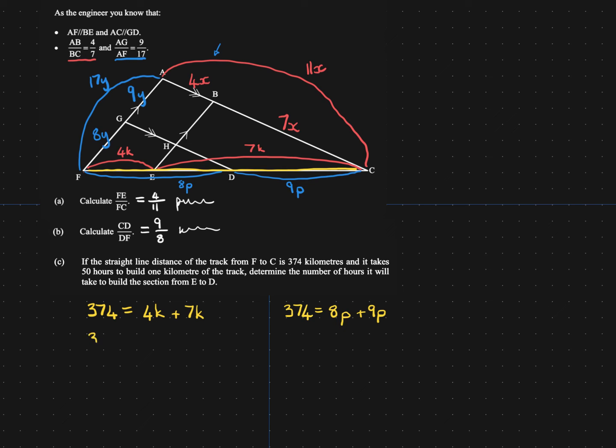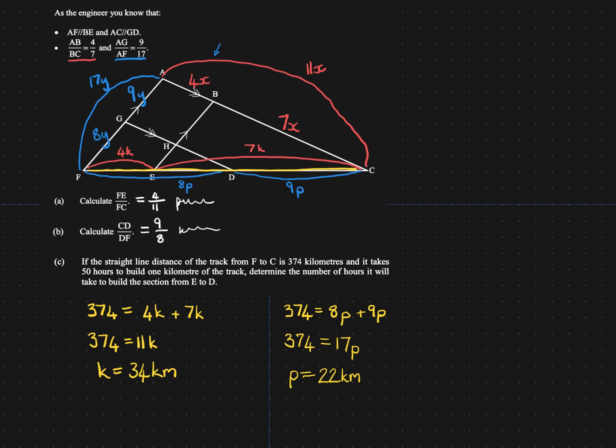So I've got 374 is equal to 11k, which means that k is equal to 34 kilometers. We're going to do the same thing with the other side: 374 is equal to 17p, which gives us an answer of p is equal to 22 kilometers.